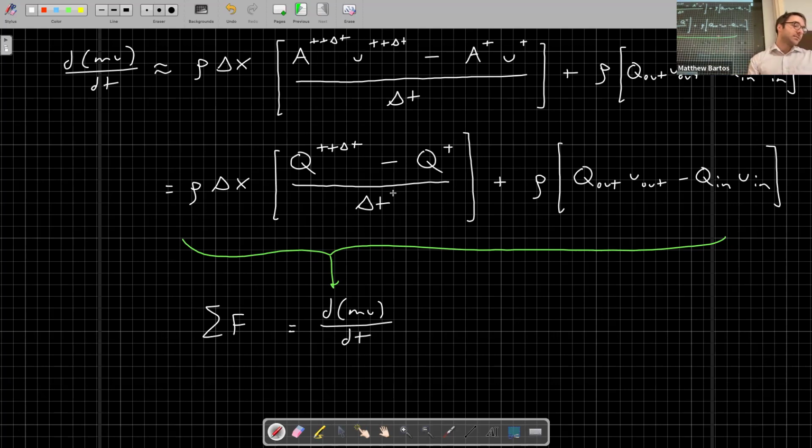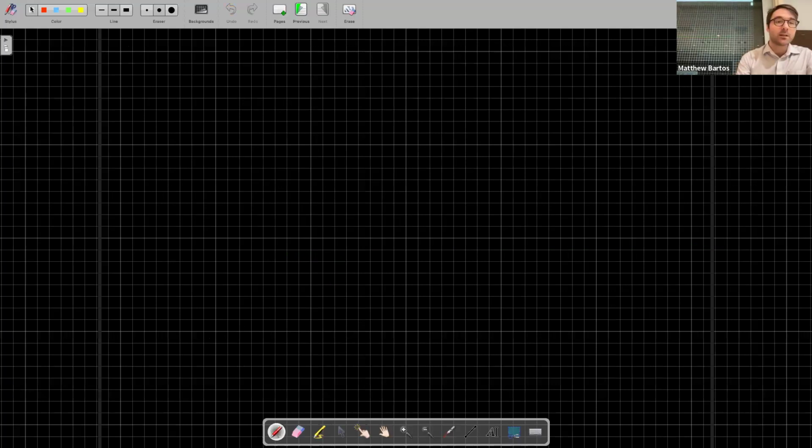Let's go ahead and do that. We'll have our full expression for conservation of momentum. I'm going to use the left-hand side to represent the change in momentum.